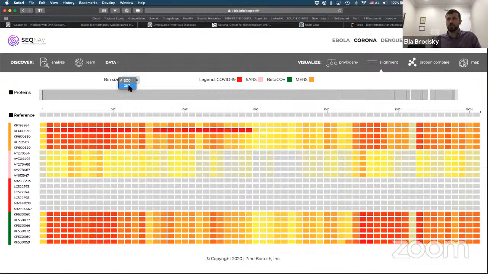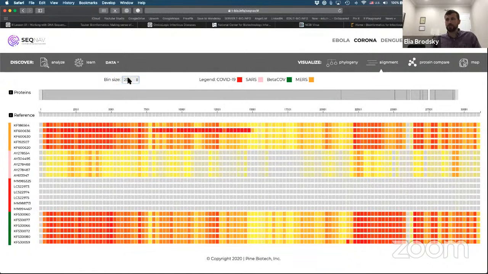Here we can change between bin sizes, for example, 250 or 500 nucleotides, and we can start seeing that some of these are significantly different from the reference. The more red they are, the less gray they are, the more different they are from the reference, and we can identify whole sections on the genome that are significantly different in a given protein-producing gene.